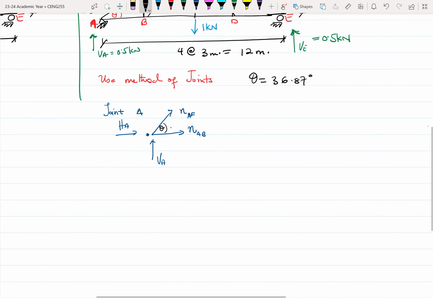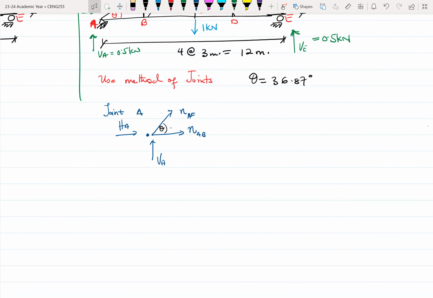Let's look at which one is easier to do. We can first start by looking at summation of vertical forces equals 0. So this implies that VA plus N AF sine theta equals 0. So N AF will be equal to minus VA over sine theta.